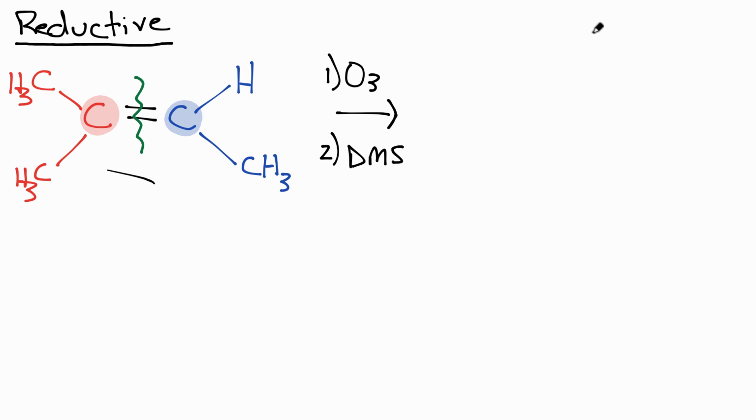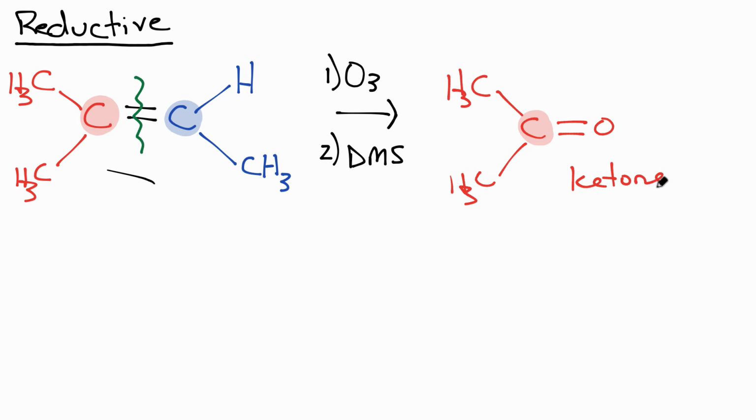For the product on the left, we have our methyl groups still bonded to that carbon, and this carbon gets double bonded to an oxygen. So this product of the reaction is a ketone. Then on the other side, we do the same thing.